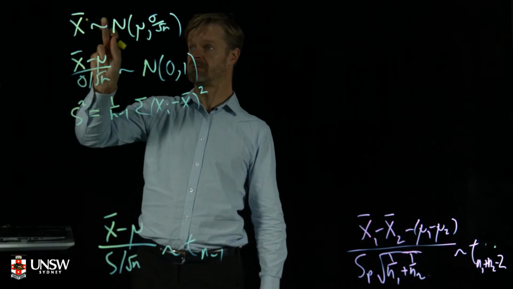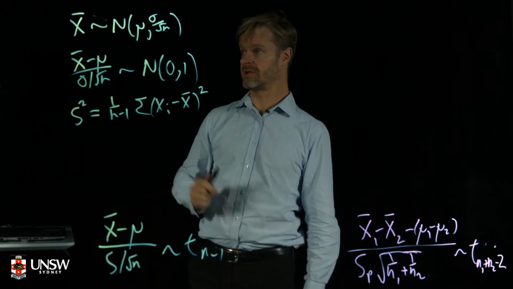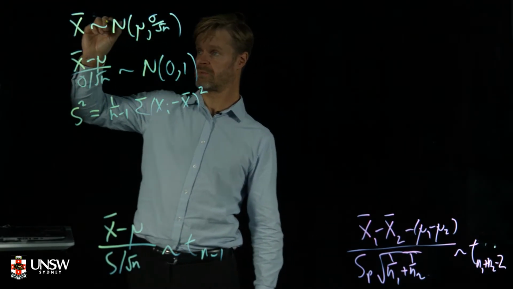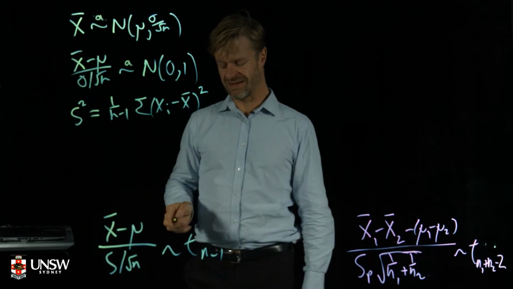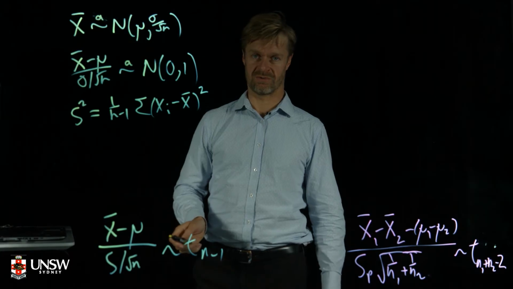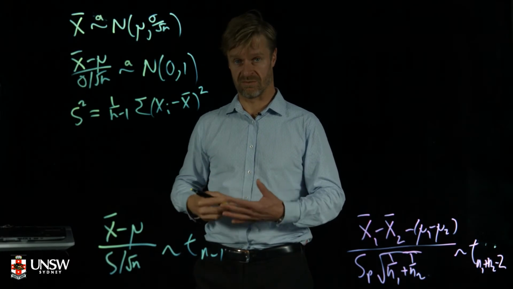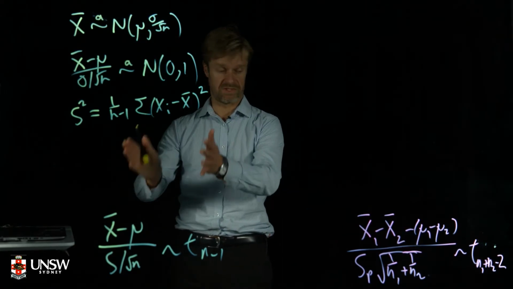So if your data is normal, this is exactly normal, and this is exactly t n-1. For any distribution though, by the central limit theorem, this is approximately normal, which makes this approximately t as well. So that's what happens in one sample.